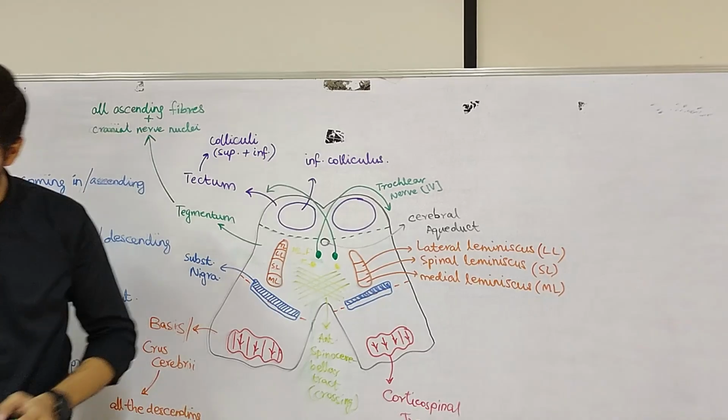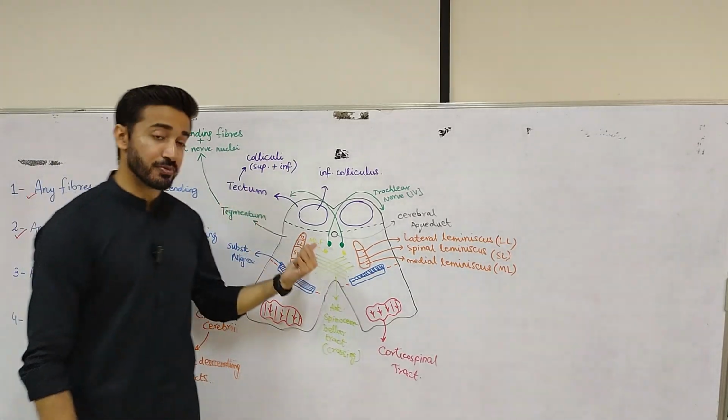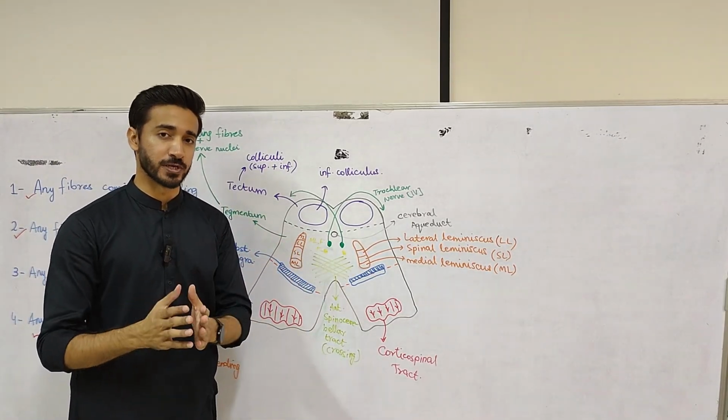So there we have it. This is the complete cross section of the midbrain at the level of the inferior colliculus.